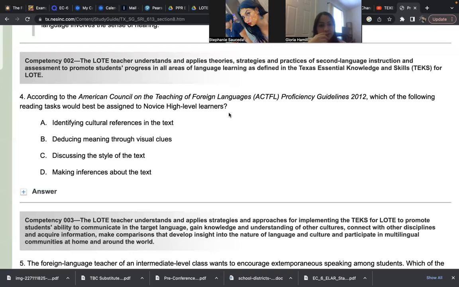Discussing the style of the text, making inferences about the text. So I don't know, for me, B would not be something right now that I would look at. I may be wrong, but just because it says visual cues and we're trying to read.